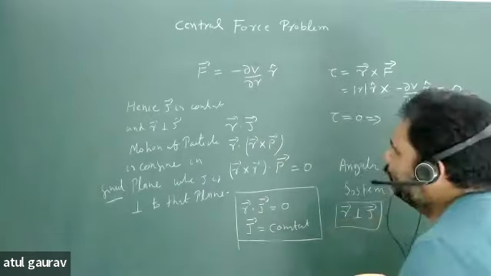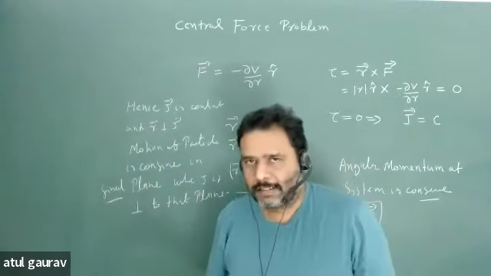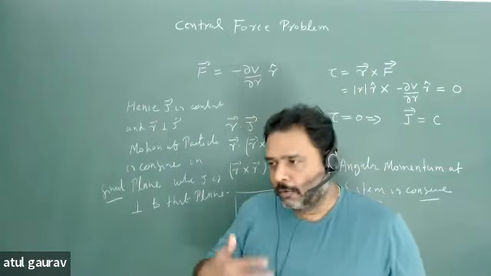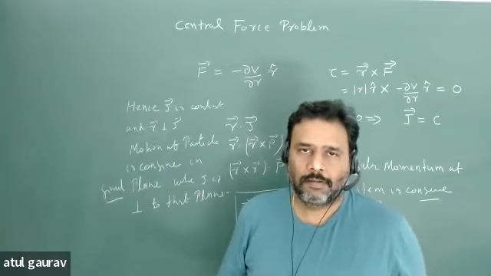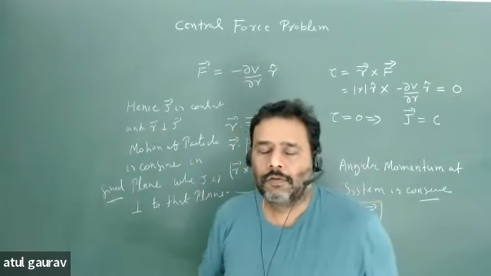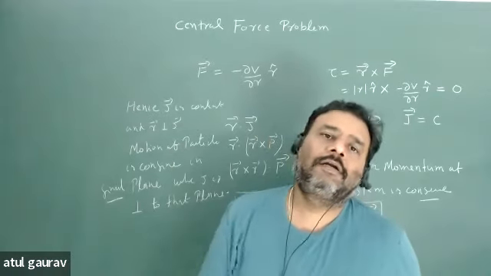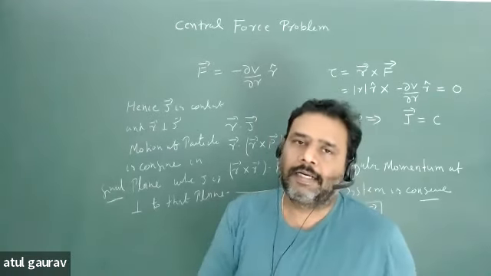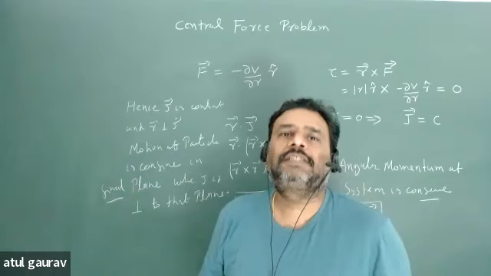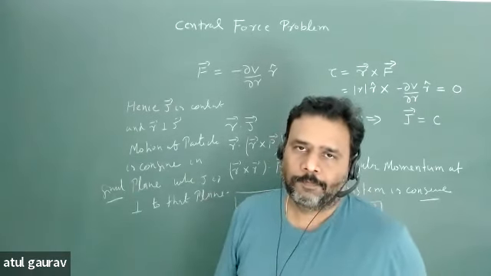So now look at here what we have done. We have started with a three-dimensional thing, and using the conservation law and the trivial equation that r dot j is equal to 0, finally we have concluded that we have to solve the central force problem only in a two-dimensional plane.